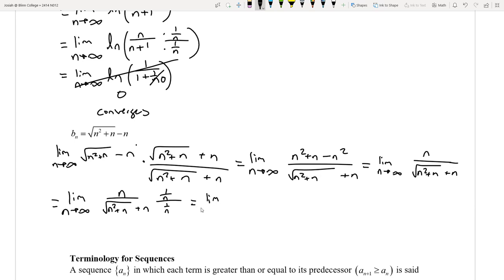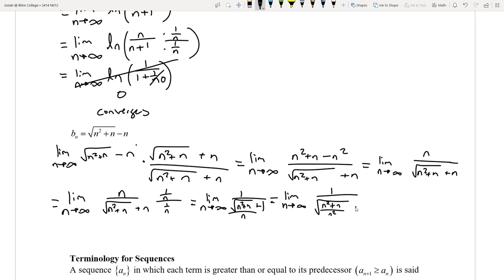When we do that, we'll get 1 in the top, 1 there. Let's see, we've got n squared plus n over n. So we're going to have to figure out how we get the n into that root. Well, we can do it by making it into an n squared.